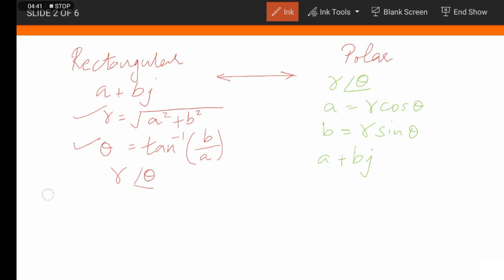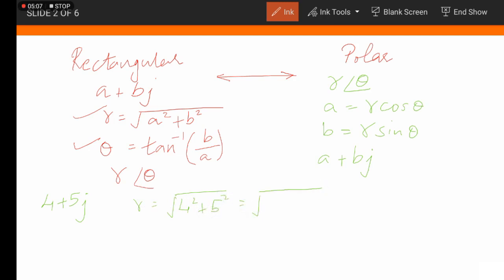Suppose I have any number, say 4 plus 5j. 9 is lucky for many people. So I have taken 4 plus 5j, which makes it 9. But don't get confused, this is not the equivalent value. So how do I get r? R is going to be the square root of 4 square plus 5 square.